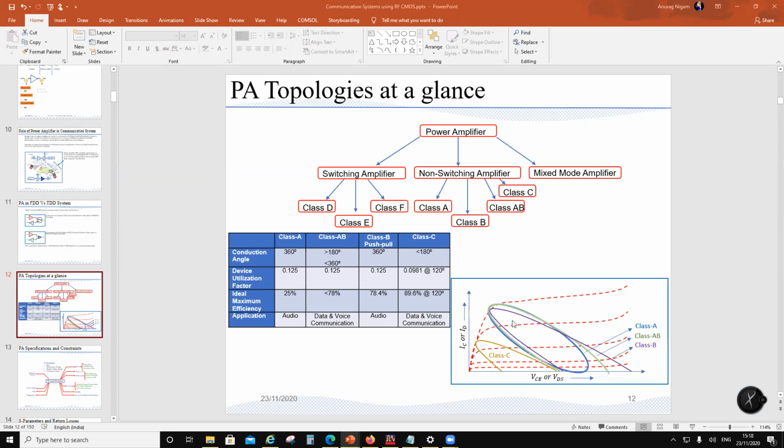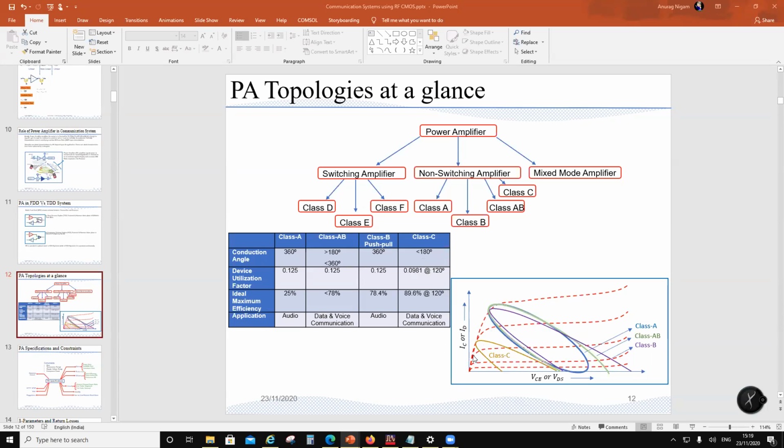If you go to class AB, it will be somewhere in between them. And then class C, now it depends on how much power you want to put out. You can keep biasing it lower and lower, and the conduction angle will keep reducing to less than 180. So let's say at 120, it will be better than class B, but it will be in the 90s if you want.